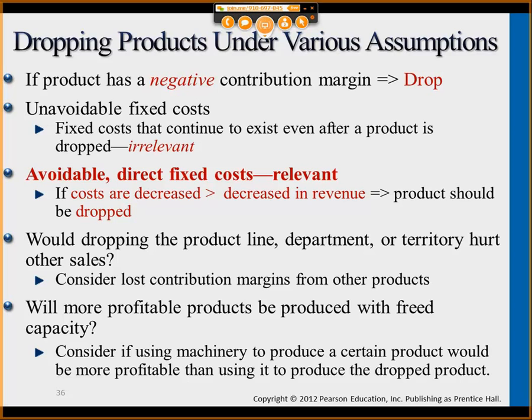The loss. So if the product has negative contribution margin, we want to drop it, right? Now, there are some fixed costs that are considered unavoidable. Those fixed costs are going to continue to exist. We're still going to acquire them, even if we drop the product. So they're irrelevant to making our decision.